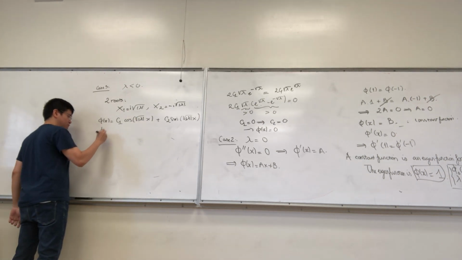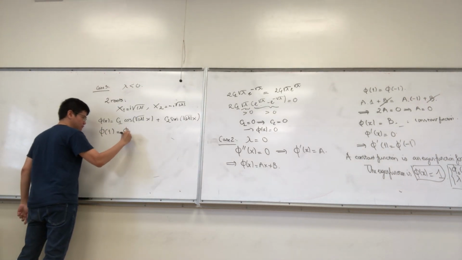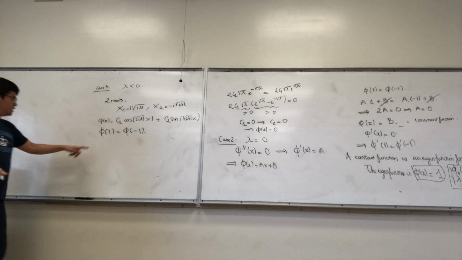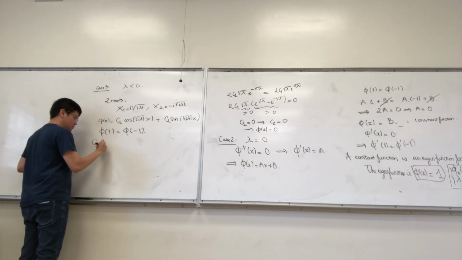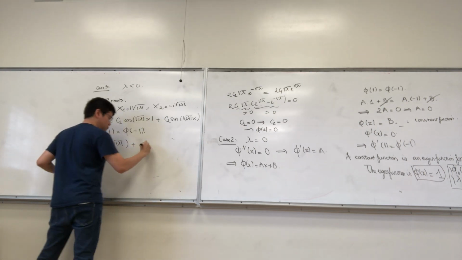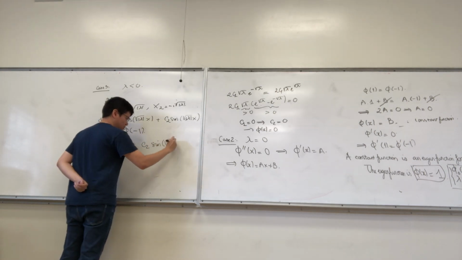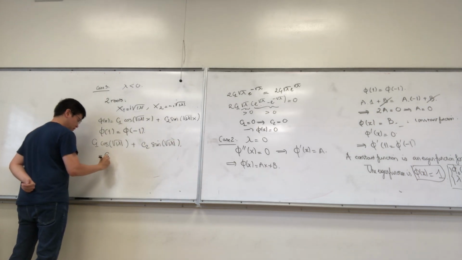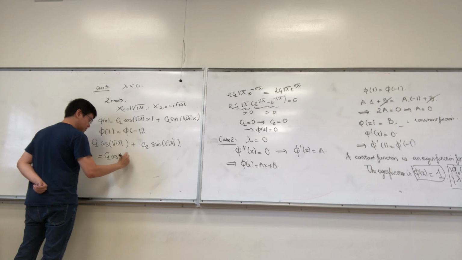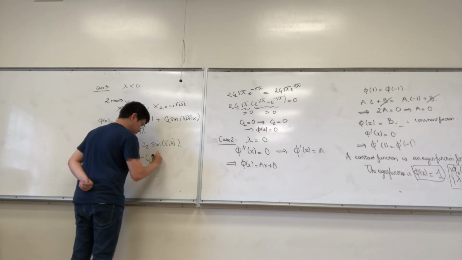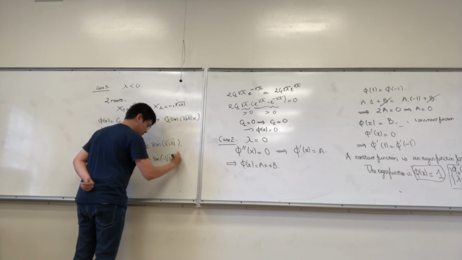So you're going to have phi(1) equal to phi(-1). All right? So you're going to have C1 cosine of square root of lambda plus C2 sine of square root of lambda is equal to C1 cosine of minus square root of lambda plus C2 sine of minus square root of lambda.